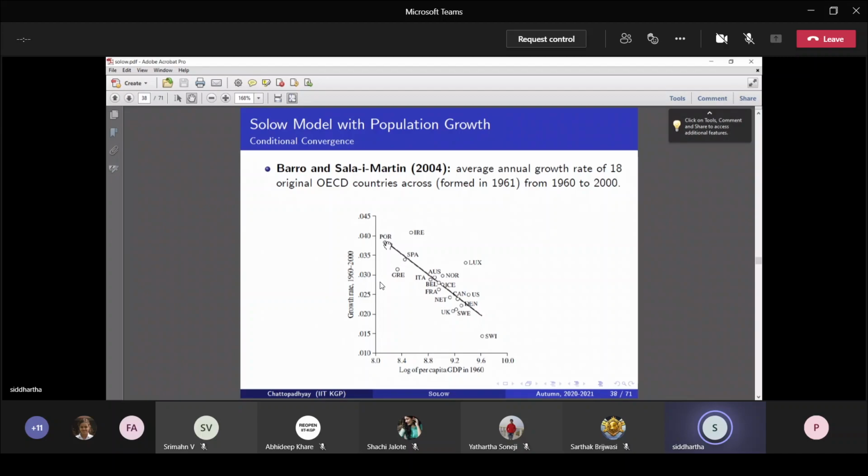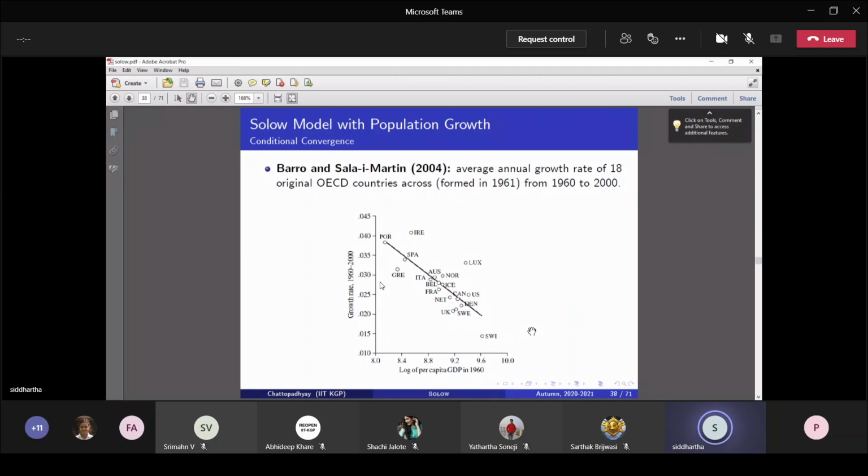The richest country among these, Sweden, whose log per capita GDP in 1960 is 9.6, while for Portugal it was between 8 and 8.4, has a growth rate of 0.015, which is lower than Portugal. And we have a clearly negatively sloped trend line.